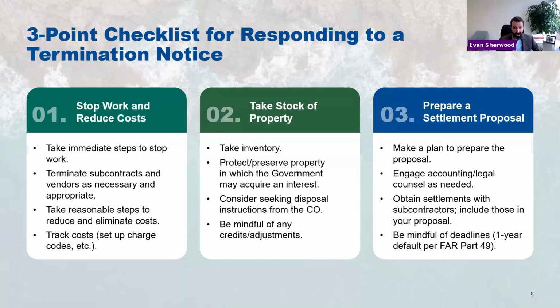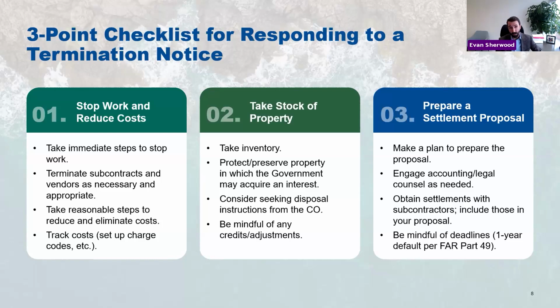You're also going to want to track those costs because, as we'll talk more about, a termination for convenience, at least for non-commercial FAR-based contracts, which is, I think, the case study we're going to look at today, the FAR essentially treats a termination settlement proposal as a cost reimbursement type proposal. It's a cost-based proposal.